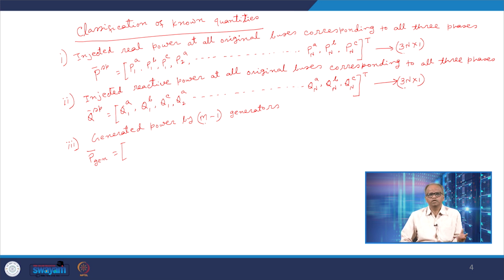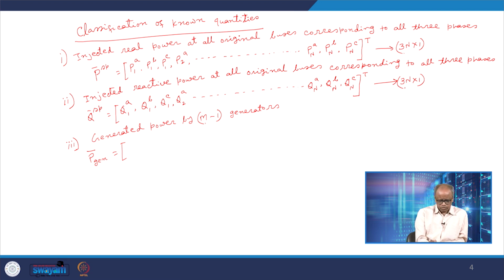So if there are, let us say, 5 generators in the system, then these 5 generators are connected at bus 1, bus 2, bus 3, bus 4 and bus 5. And out of these first m buses, we are also assuming that the generator at bus 1 is acting as a slack bus. So we really cannot pre-specify the power of the generator at bus 1. We can only specify the power of generator 2, generator 3, up to generator m.